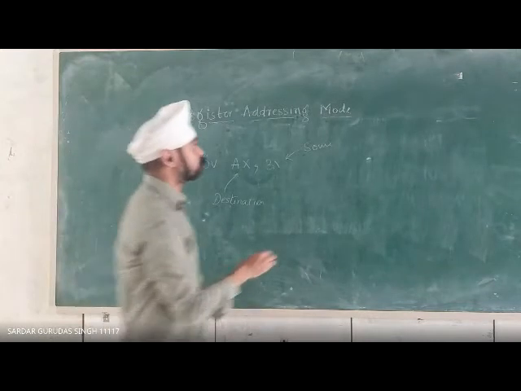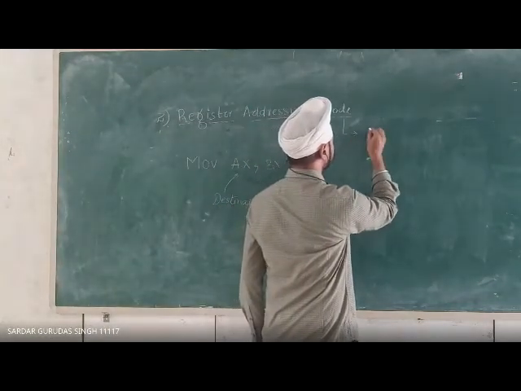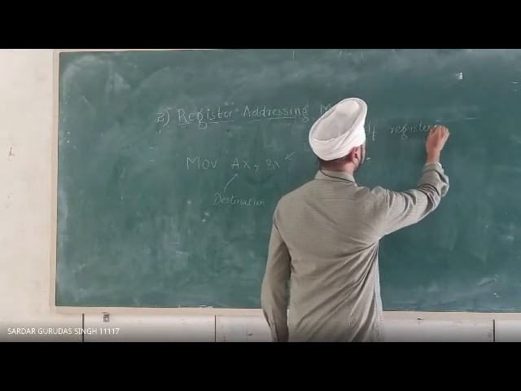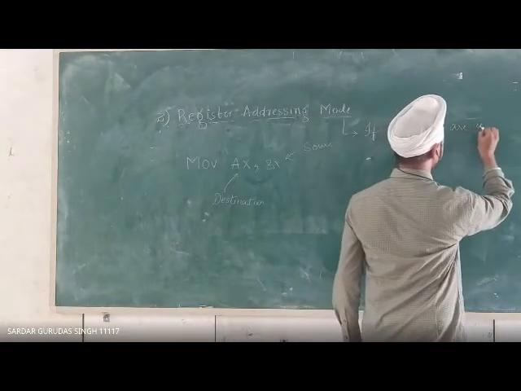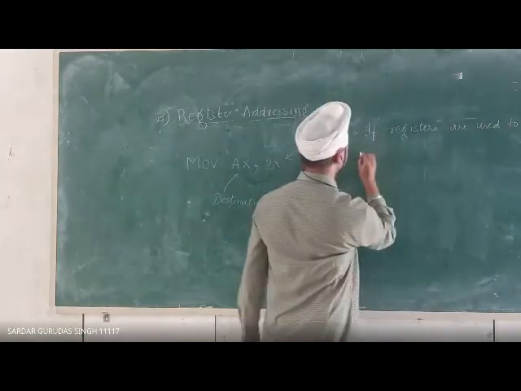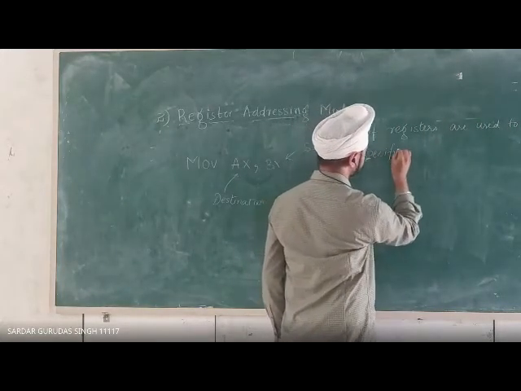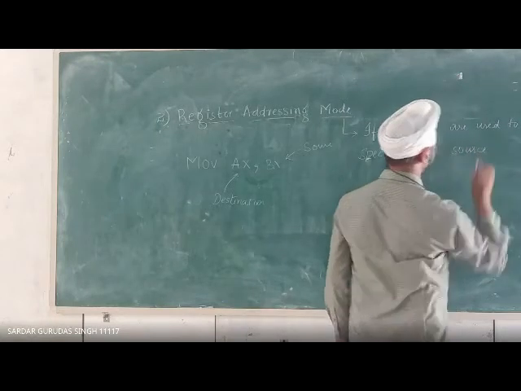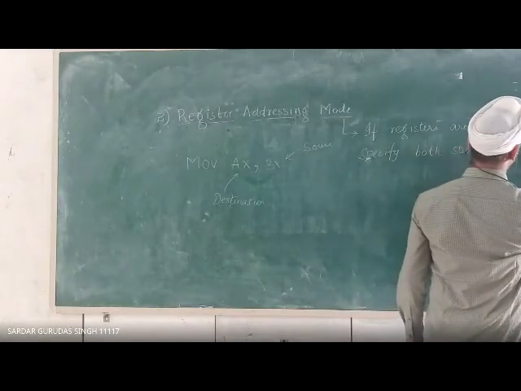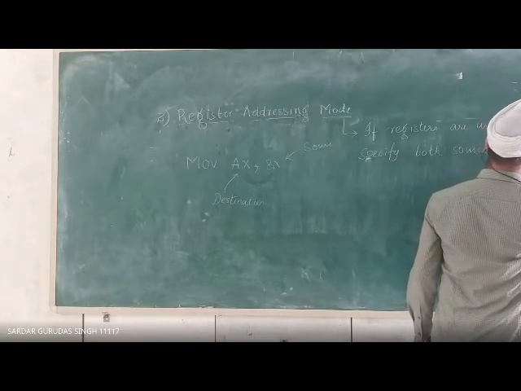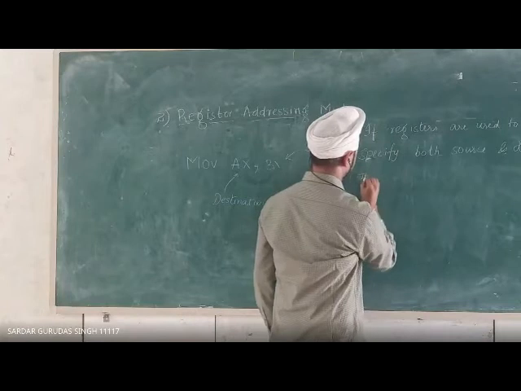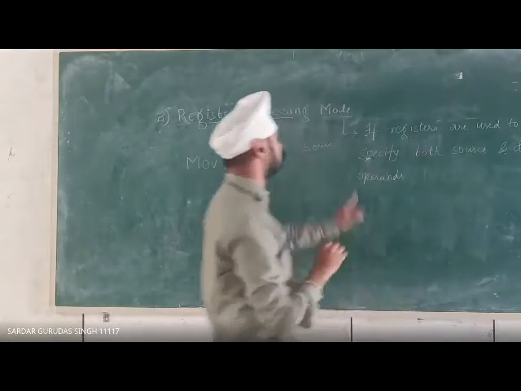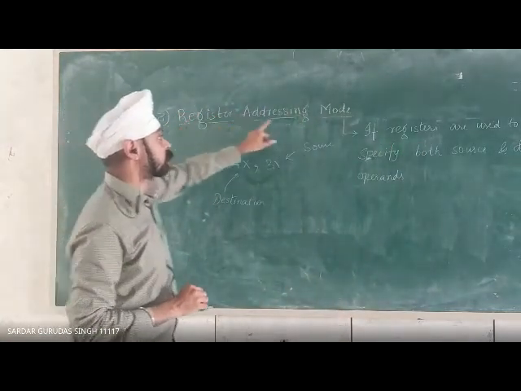So how do we define it? Simply, if registers are used to specify both source and destination operands, then that type of addressing mode we call register addressing mode.